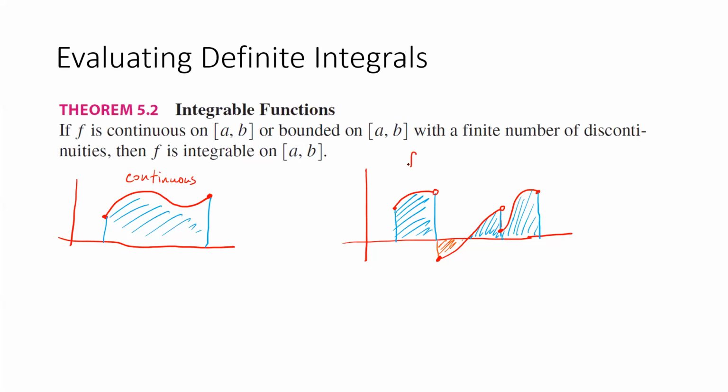So this has a finite number of discontinuities. In either case, from a to b, we can compute the net area under the curve.